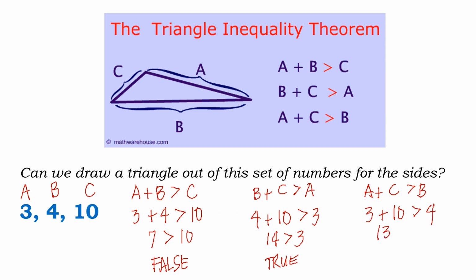So 13 is greater than 4. So this is true. But according to the triangle inequality theorem, the three conditions must be satisfied. Since we have a false here, we can say that 3, 4, and 10 cannot be the sides of the triangle. So the answer is no.